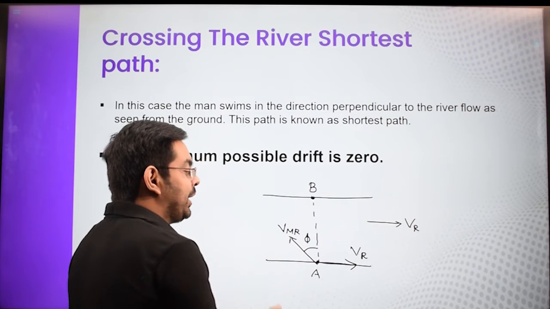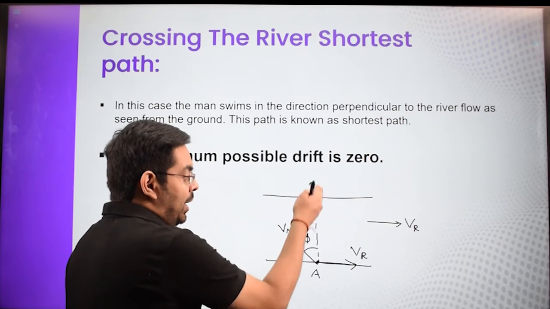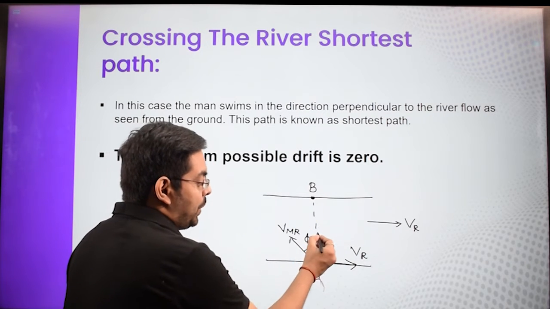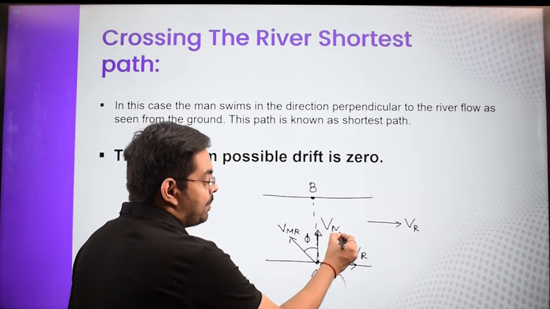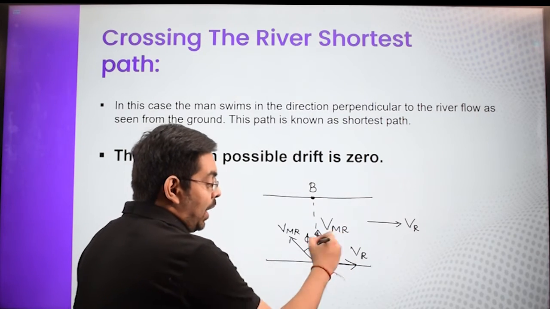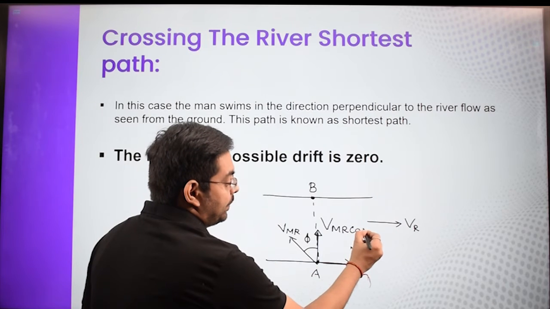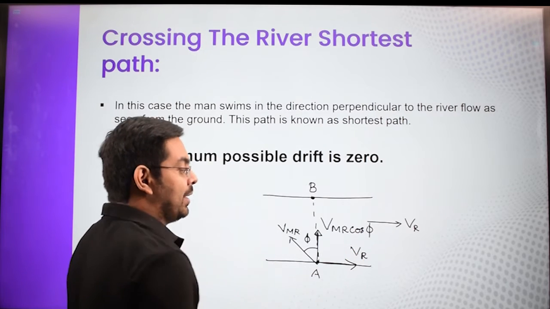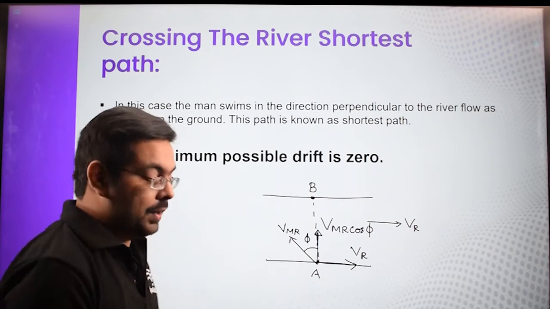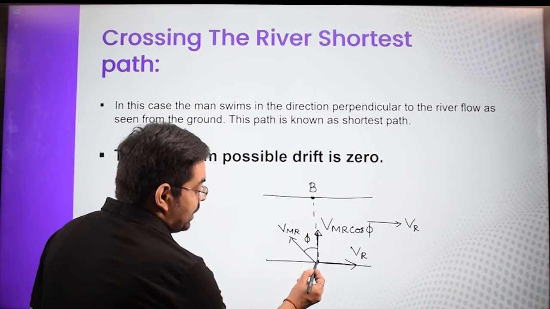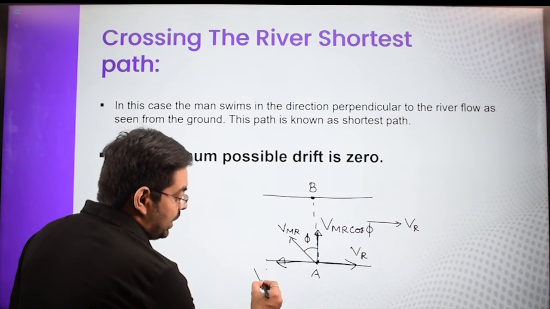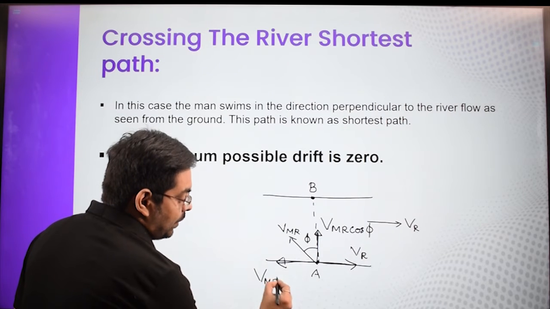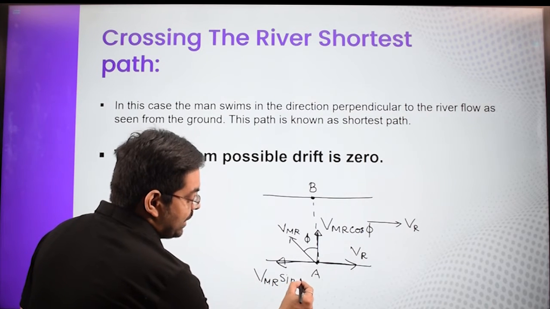The component of Vmr in the direction of AB will be Vmr cos phi, and perpendicular to this, opposite to the river flow, the component will be Vmr sin phi.